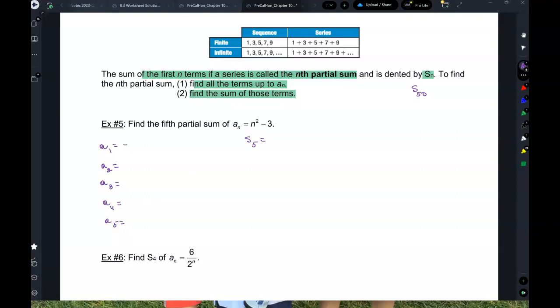So A sub 1 is -2. Is everybody okay with how to find these numbers now? Okay. A sub 2 is 1, then 6, then 13, then 22. And then S sub 5 is literally just adding all these up. Okay, and if I were to give you S sub 220, you would have to find 220 numbers.